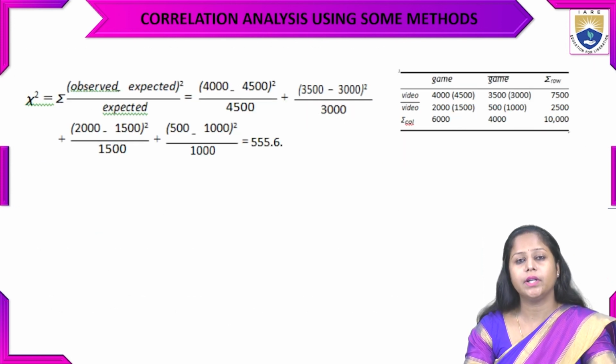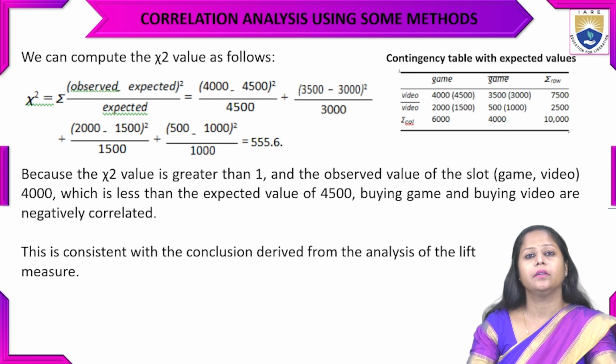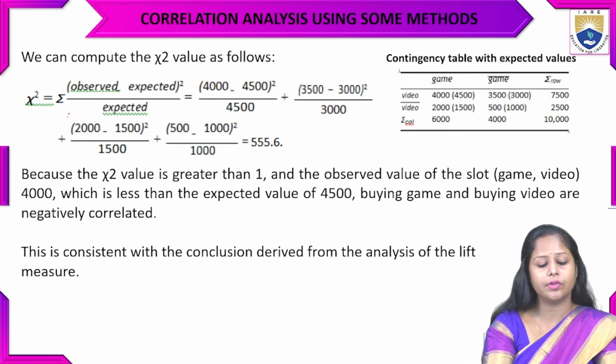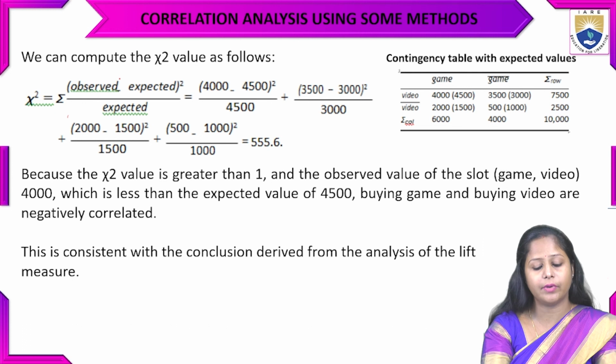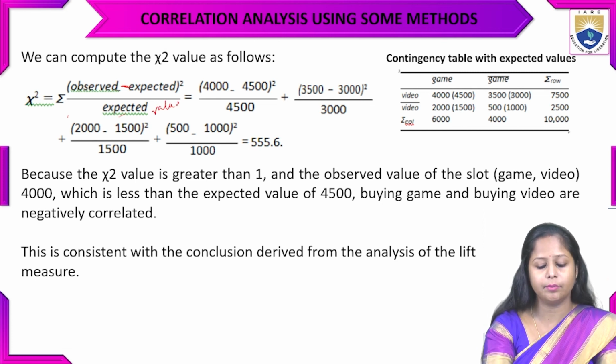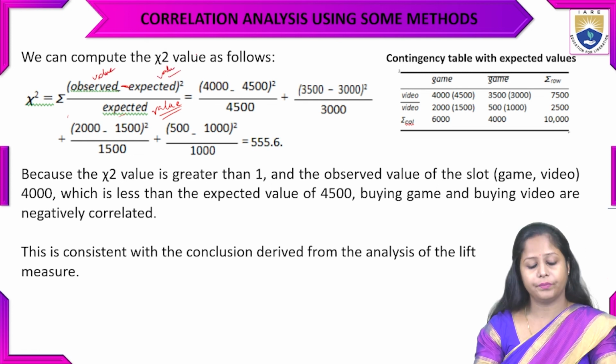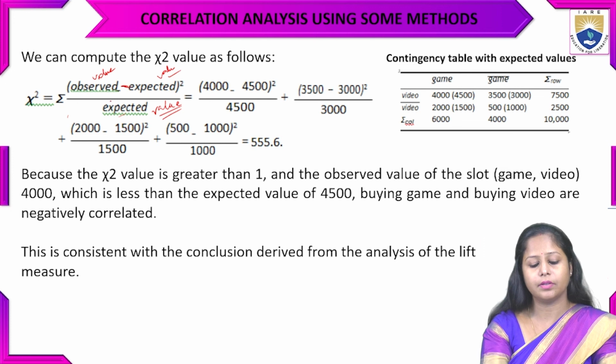So we will calculate the chi-square for that. The formula is chi-square equal to the summation of observed value minus expected value, whole squared, divided by the expected value. We do the summation if we have many data sets.